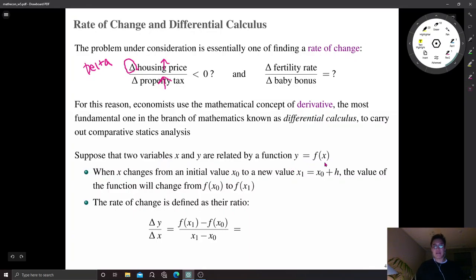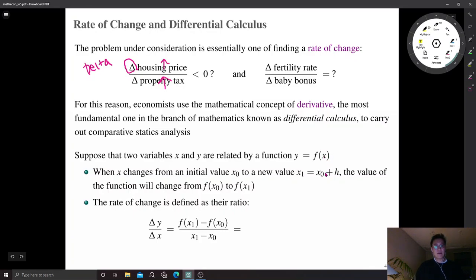So y equals f of x. And remember, the argument x of a function is called the independent variable. And y is called the dependent variable in the sense that the value of y depends on the value of x.